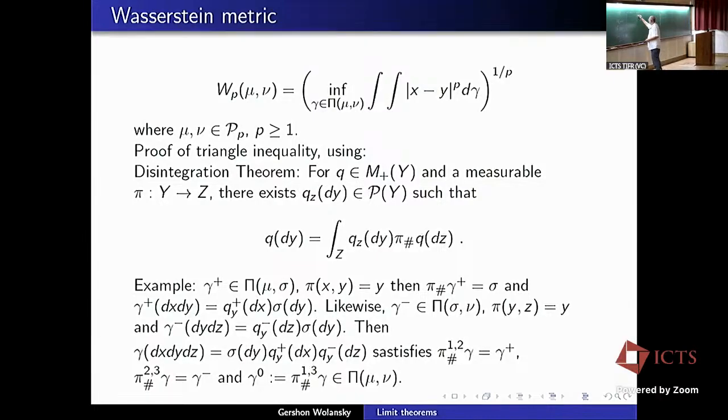This will be the optimal one, with marginals mu and sigma. And we take gamma minus to be the optimal one which pushes sigma to nu.